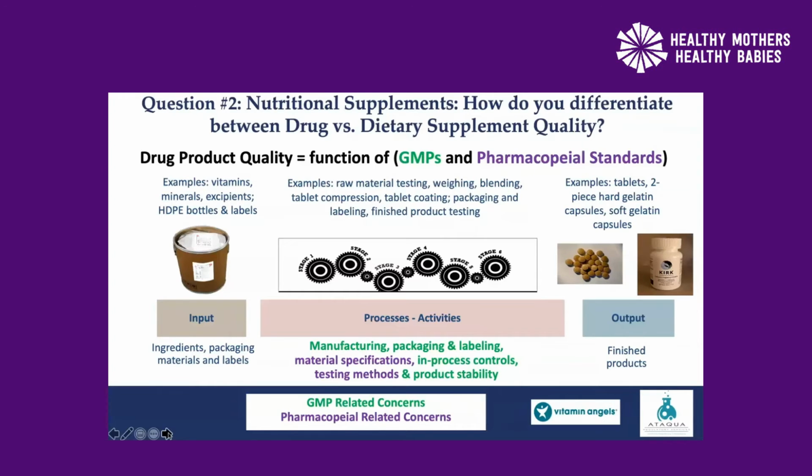Pharmacopeal standards tend to focus on the purity of the ingredients, whereas food quality standards tend to focus on the absence of impurities, especially microbial contaminants. So as long as manufacturers are adhering to the appropriate drug-like GMPs and pharmacopeal standards, the quality of a nutritional supplement would be that of a drug product. Next slide, please.